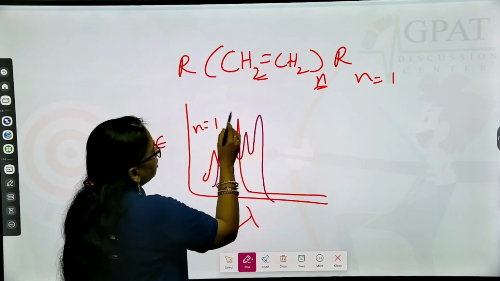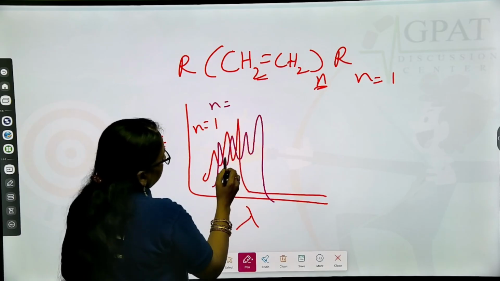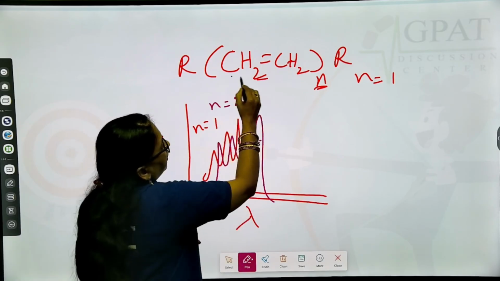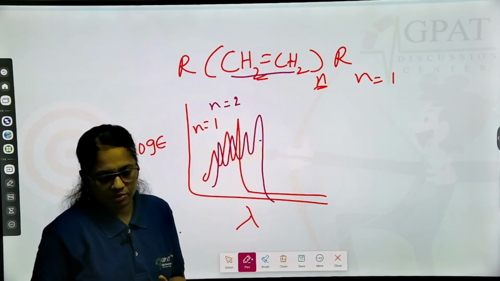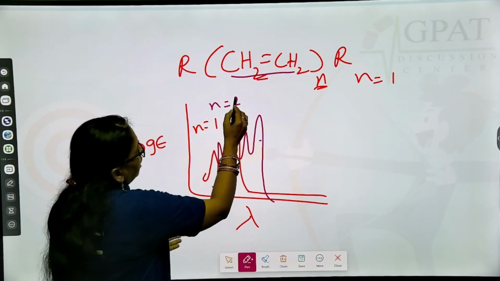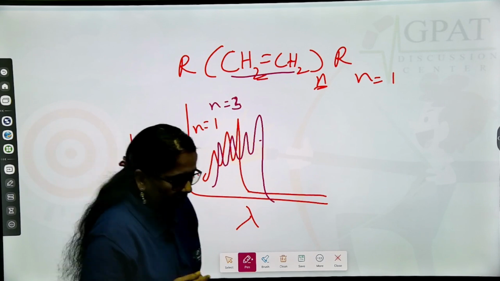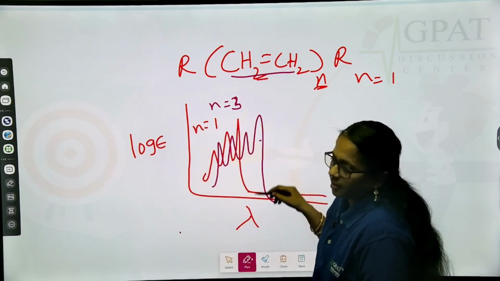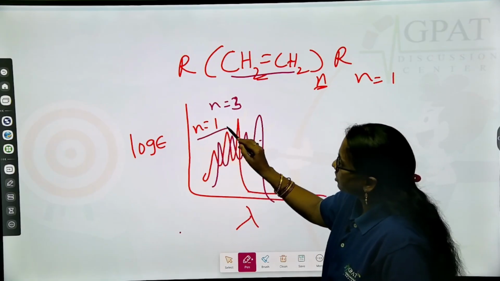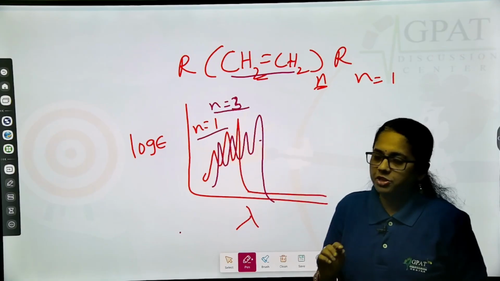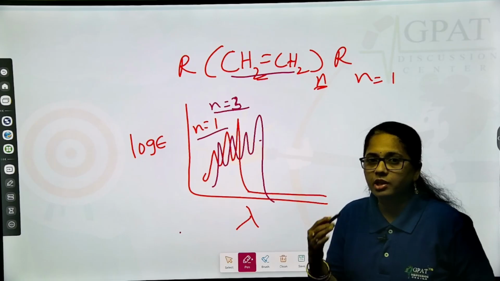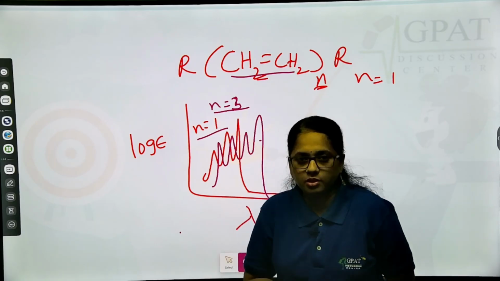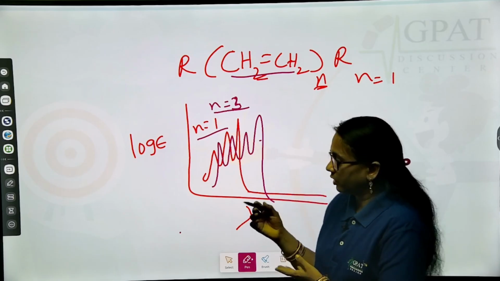So in this case you see n equal to 2, that means the number of ethylenic bonds is increased; generally not 2, actually 3 or 4 sometimes. So the double bonds are increased, and whatever peaks are there, their number gives you the information that the conjugation has been increased, the ethylenic bonds have been increased.